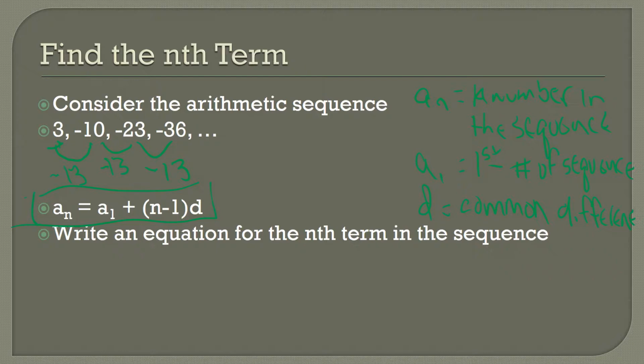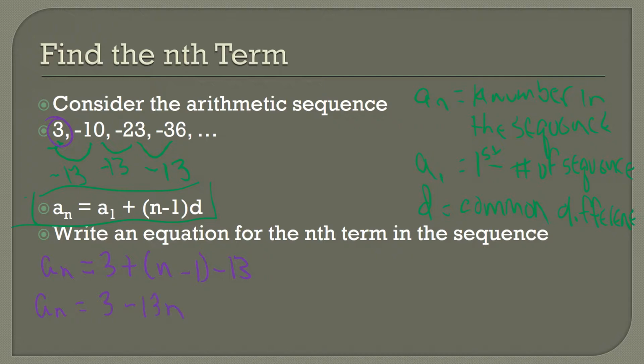So now I'm going to work on this formula. So we've got an is equal to a1, and I'm going to substitute in the first number of the sequence here, 3, plus n, which I'm going to leave as a variable, minus 1 times -13. So I want to distribute this -13 first, and so then we've got an equals 3, and -13 times n is -13n.